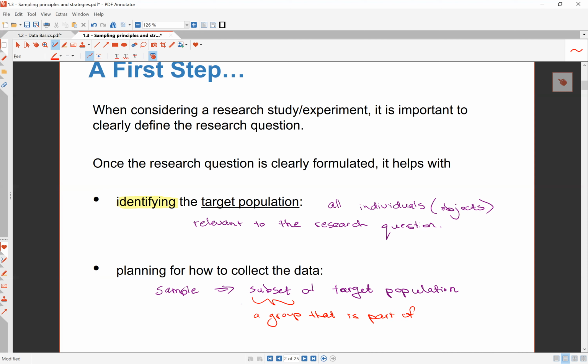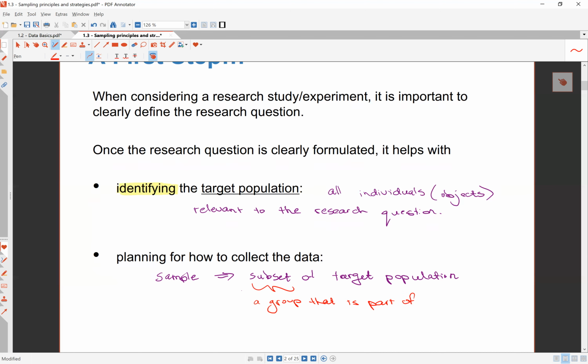So I know we all have some intuitive idea around who a sample is, but now we have to make sure that we view the sample in the context of the larger target population, right? We have this larger group that we're interested in studying. Because we can't go and measure diet and exercise information for every single person in Texas, we take a subset. We get a hopefully representative group from the larger population and we study them.